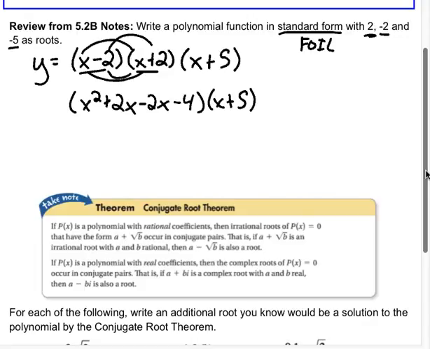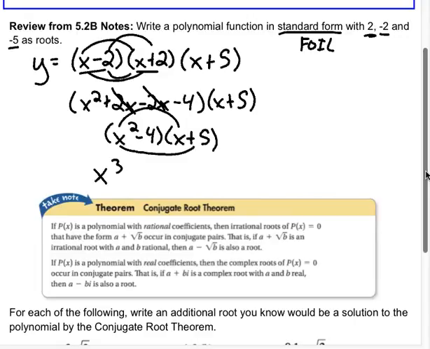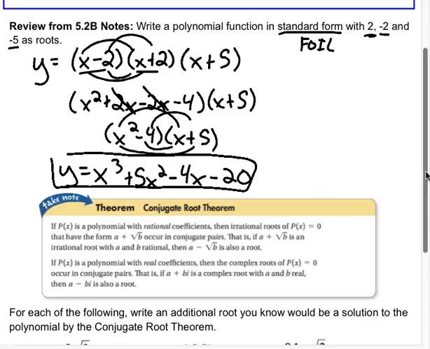And the neat thing in this instance is 2x minus 2x cancels, and all that means is now we have this, so we can FOIL it one more time to get it in fully standard form. So here that gives us x cubed plus 5x squared minus 4x minus 20. Okay, so just FOIL it a couple times to get it completely in standard form, and there we go.